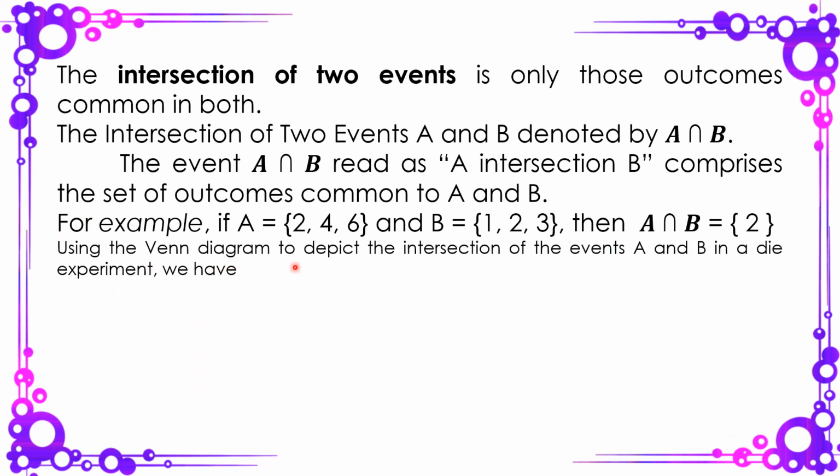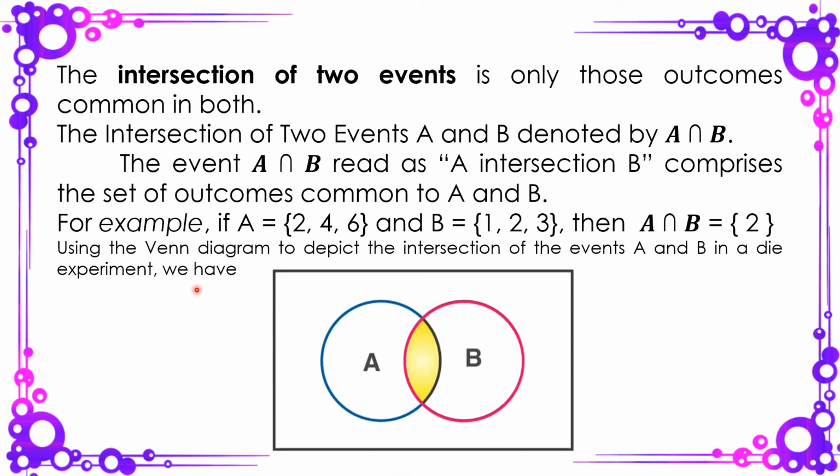Using the Venn diagram to illustrate the intersection of the events A and B in a die experiment, as you can see here, this is the Venn diagram for intersection. Same with the union, we have here two overlapping circles, but the only shaded part here is here. And of course, do not write the universal.